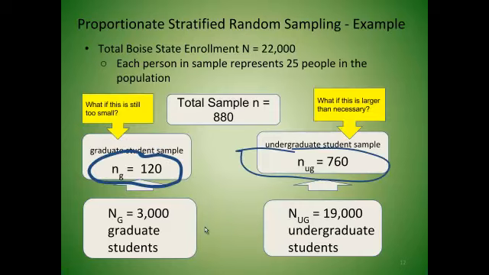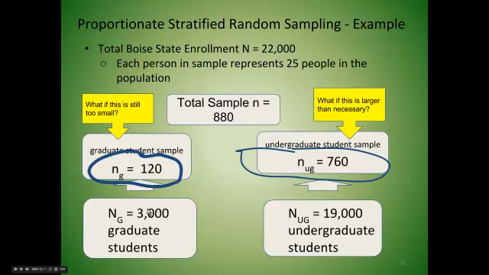But as we will discuss in the next presentation on sampling size, depending on the type of quantitative analysis you want to do, 120 may be a perfectly sufficient sample size, but it may be too small for the analysis you want to do.